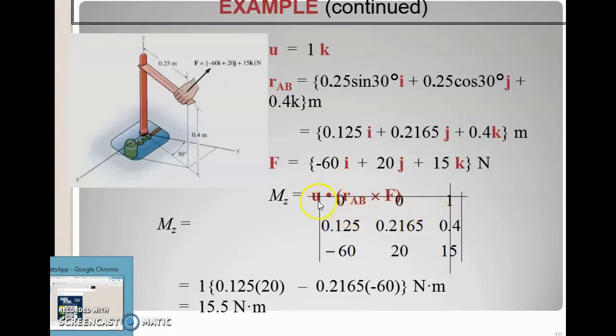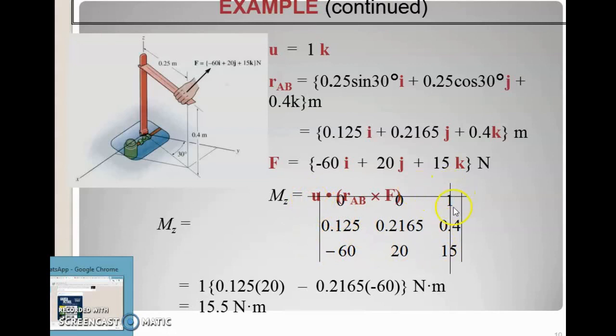The first line is for the unit vector, which is 0, 0, 1 because the component is at k. The second line is for R, and the third line for force.